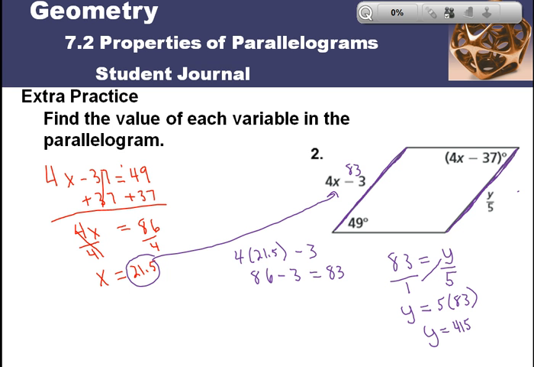I just realized I didn't finish my x, so whoops. So there, 83 times 5. Okay, great. Moving on.